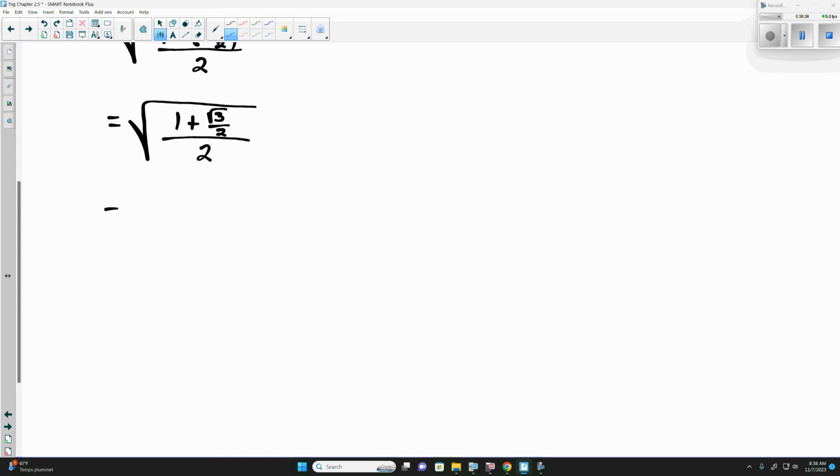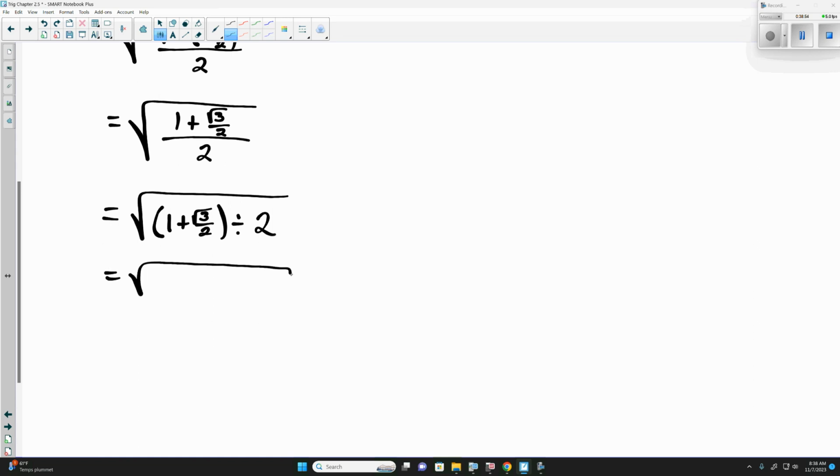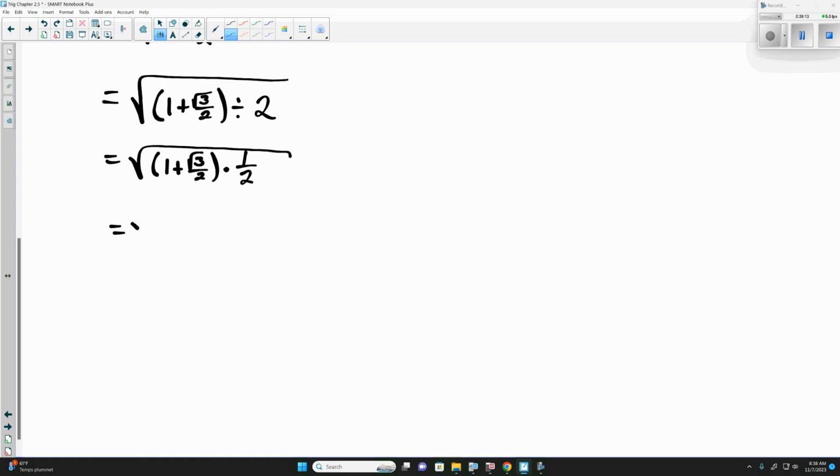But the first thing to do is going to be to simplify our fraction inside of a fraction. So we can think of it as division, because we're saying the numerator is being divided by the denominator, that's what a fraction is. And to simplify this, we're really saying that we have 1 plus square root of 3 over 2 being multiplied by 1/2, because to divide fractions, we change it from division to multiplication and flip our second term. So we multiply both of these by 1/2.